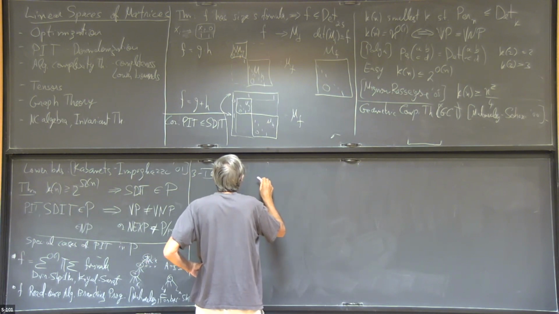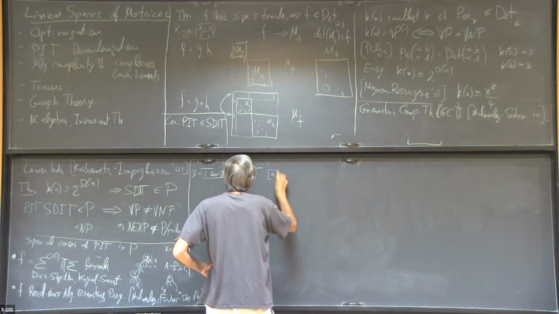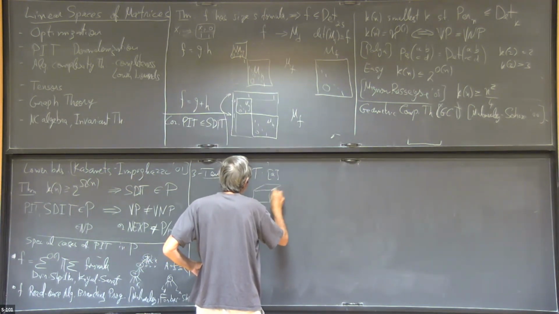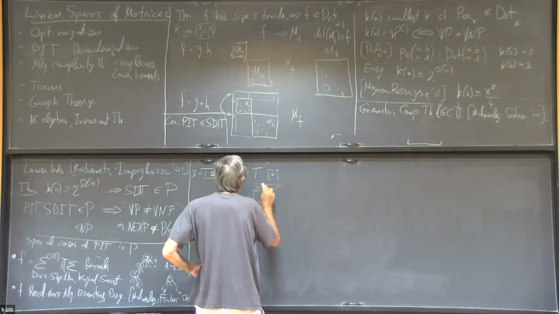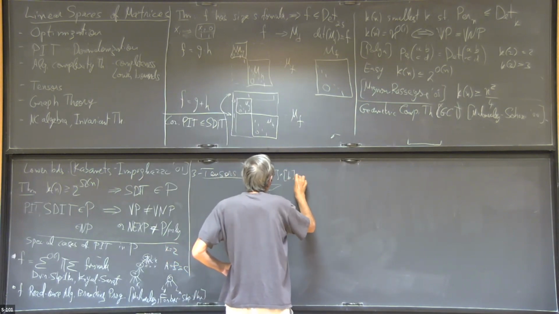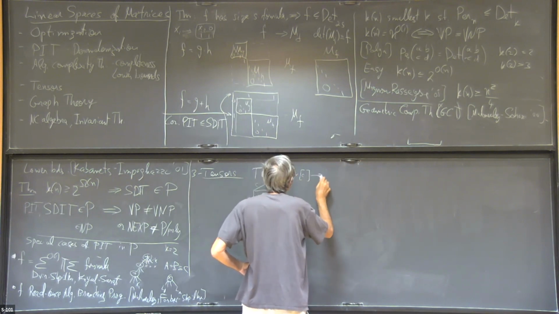So tensor rank. You can think of a tensor T simply as a map: if it's an A by B by C tensor, then it's just a function, the entries of this box.